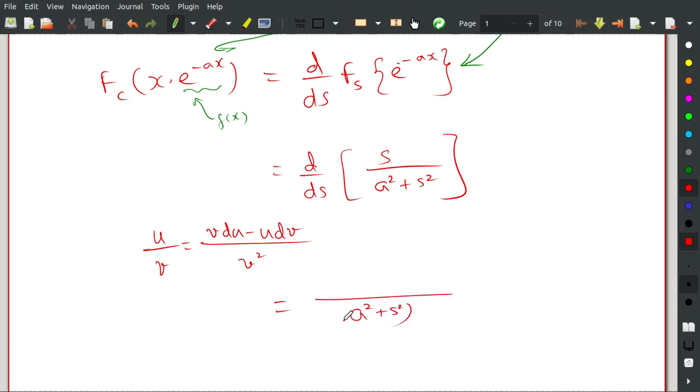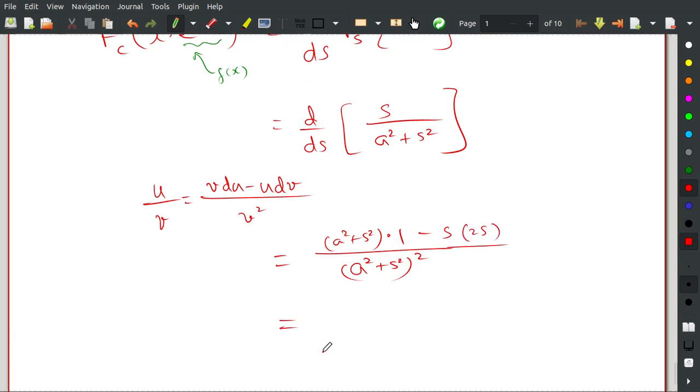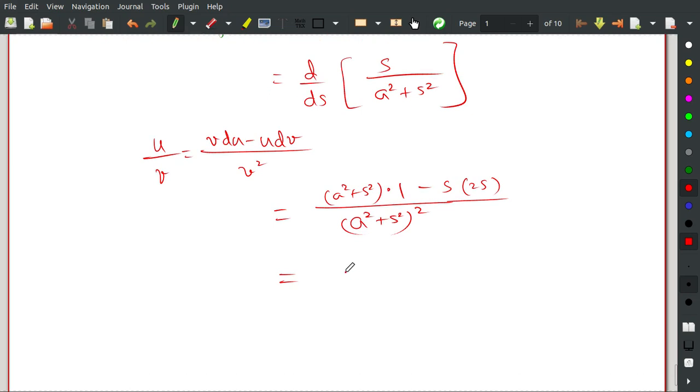Our v is a square plus s square, and du by ds is 1, and we have minus u, and u is s, and dv is, we have to differentiate this one, therefore we have 2s. Okay, so the final expression is over (a square plus s square), the whole square.